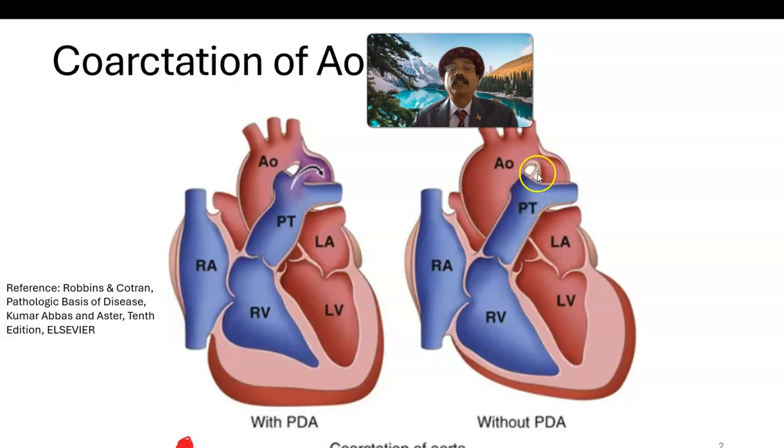Here, the ductus arteriosus became the ligamentum arteriosum, and there is narrowing here. So this is without patent ductus arteriosus, and this is with patent ductus arteriosus. The infantile form, this is the adult form. There may be coarctation on the aorta.